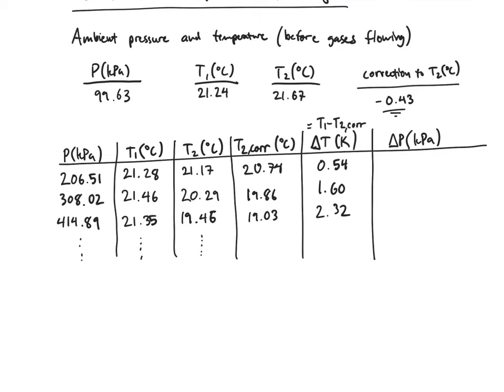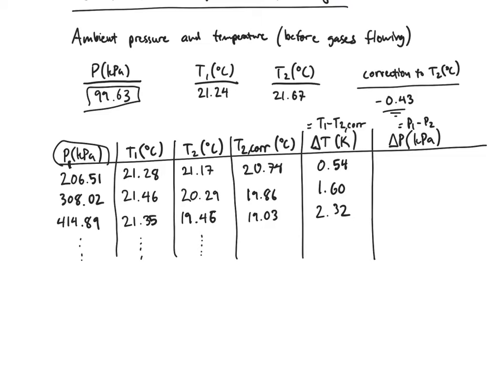Okay, and then for our delta P, it's going to be equal to P1 minus P2. We've got our P1 right over here. So what's our P2? Our P2 is always going to be this value up here, because we're assuming that when we measure the pressure of the room before we had the gases flowing, the pressure of the room is going to remain essentially constant.